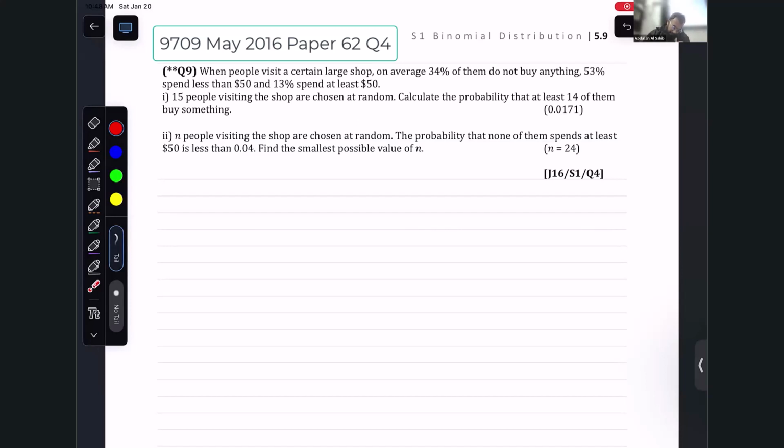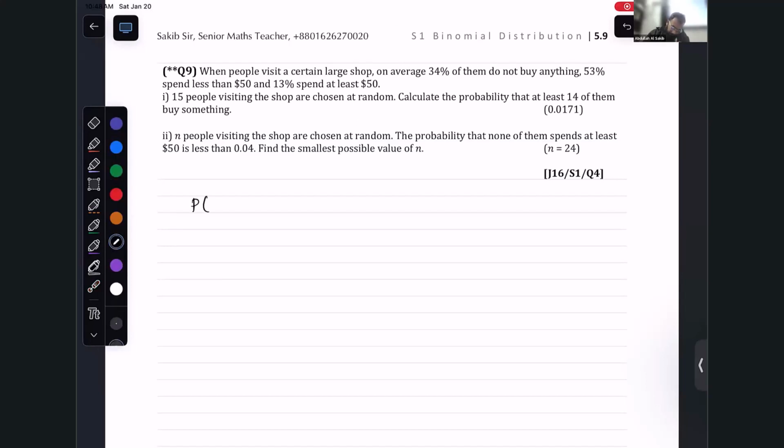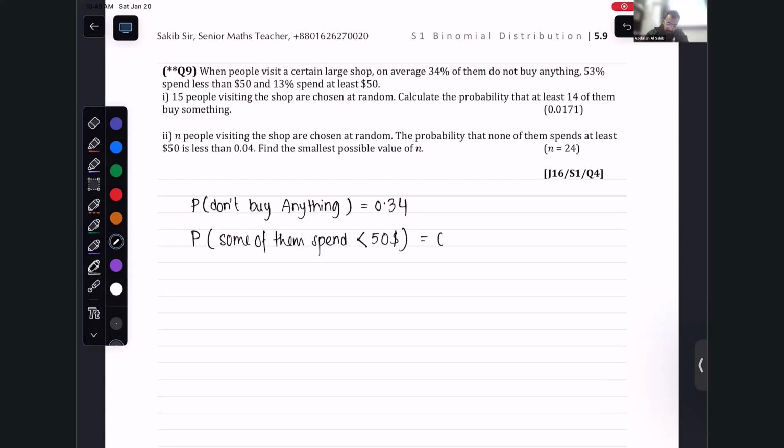So the probability of not buying anything is 34%. 53% spent less than $50, so less than $50 is 53%, that is 0.53.